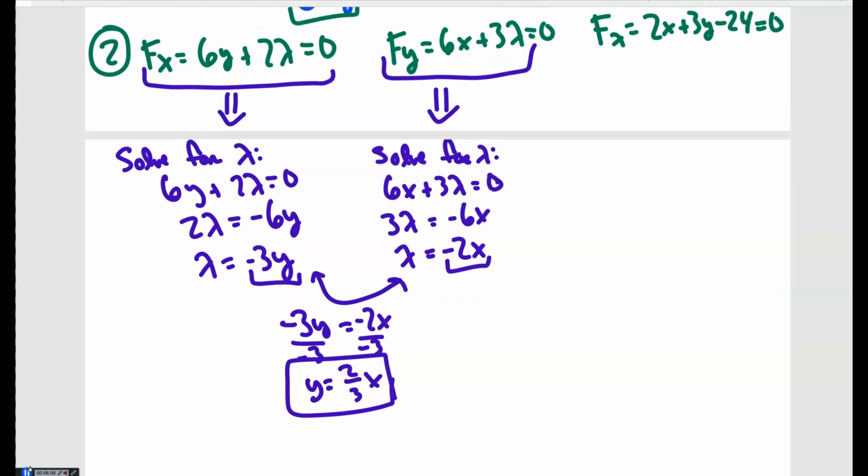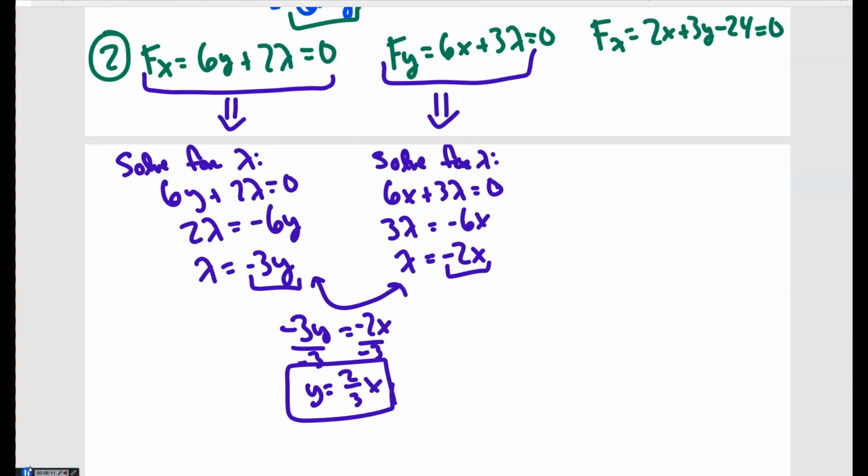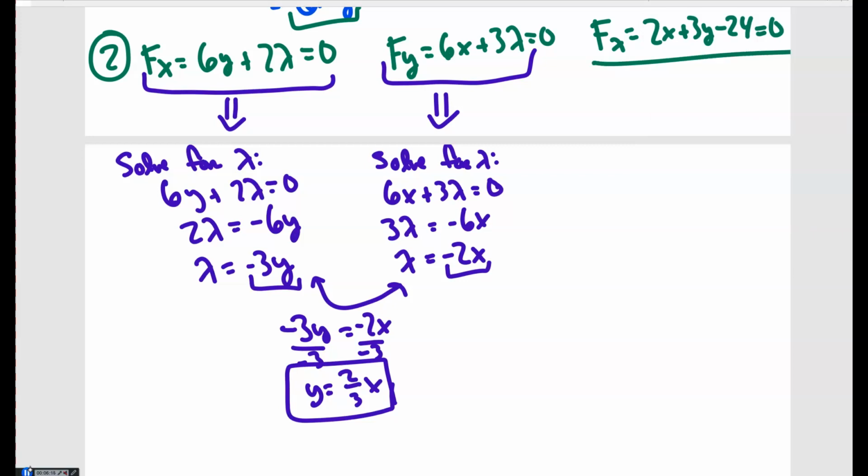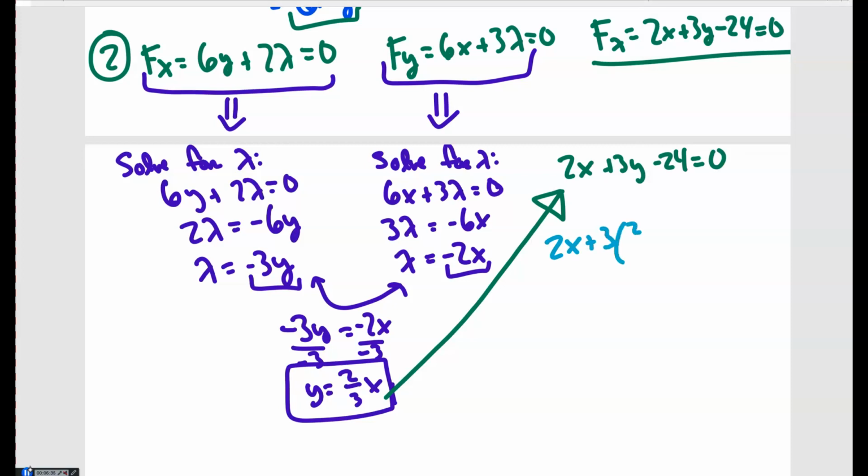Now we're going to plug it into our third equation that we haven't used yet. So here I'm going to have 2x plus 3y minus 24 is equal to 0. I'm going to plug in y equals 2/3 x in there. So I'm going to have 2x plus 3 times 2/3 x minus 24 is equal to 0.